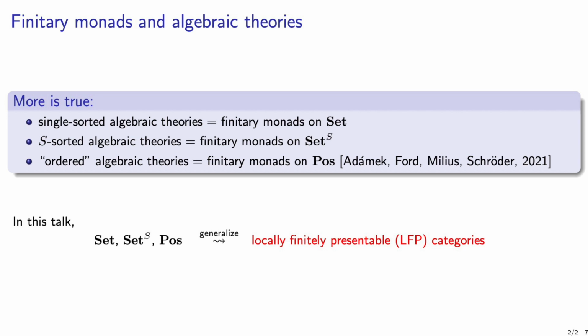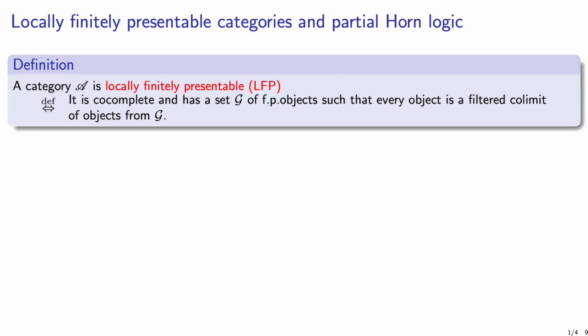Surprisingly, a detailed version of this third correspondence is a recent result, by Adámek, Dostál, Velebil, and Schrader in 2021. In today's talk, we will generalize such correspondences from concrete categories to arbitrary locally finitely presentable categories.